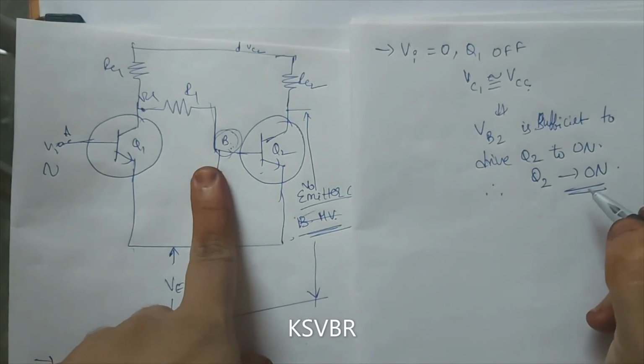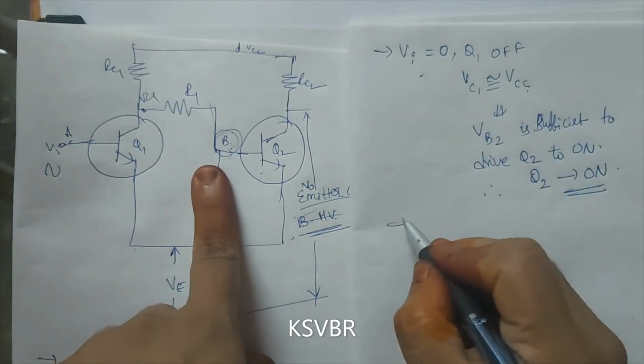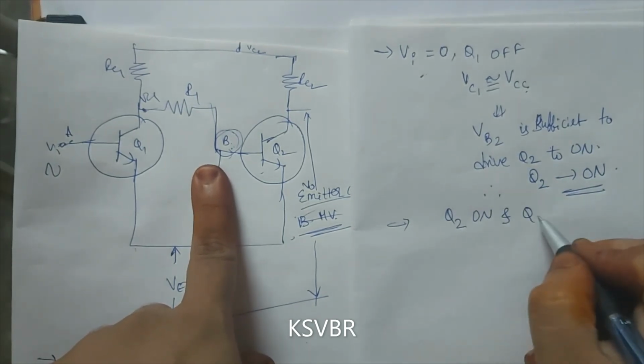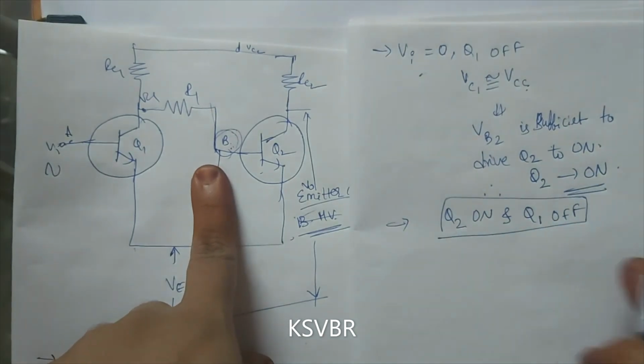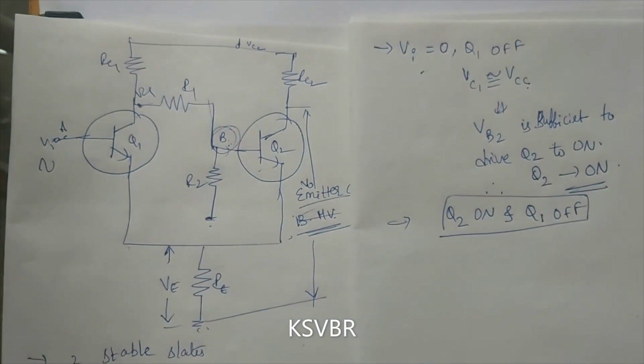So the default state when input is equal to 0 of our Schmitt trigger is Q2 on and Q1 off. This is the default stable state, or else consider this as the first stable state.